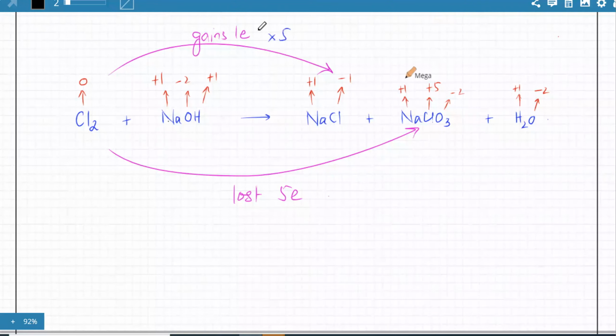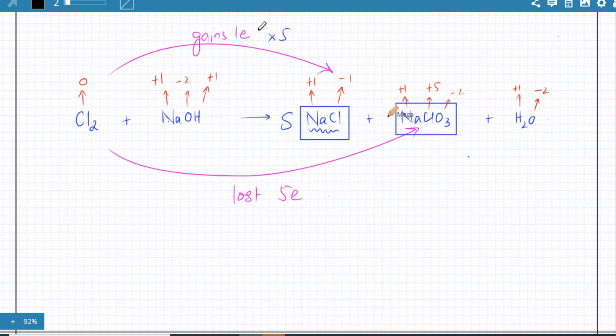That would balance the number of electrons that are being gained and lost. The Cl that is losing electrons stays at 1. The other Cl that is gaining electrons, I need to multiply by 5 so that the electrons gained and lost become equal. So it's going to be a 5 to 1 ratio.